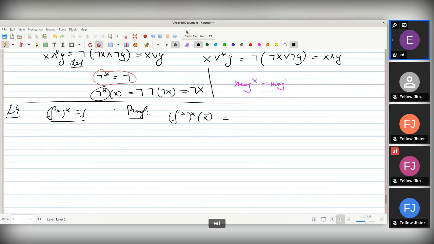By definition, it is not the dual of f applied to all the arguments negated. But here, what is this one? It is not f applied to all the arguments negated. So it is just f. Is it clear?